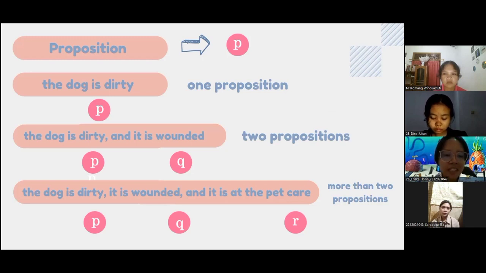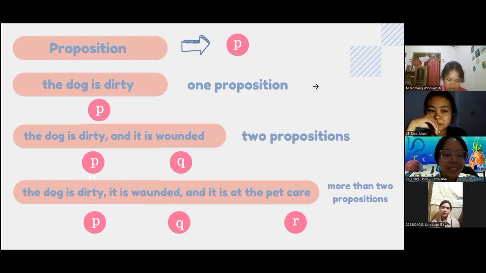Also, if there are more than three propositions, we can symbolize the next one as small s. So why is the third symbolized by a small letter?